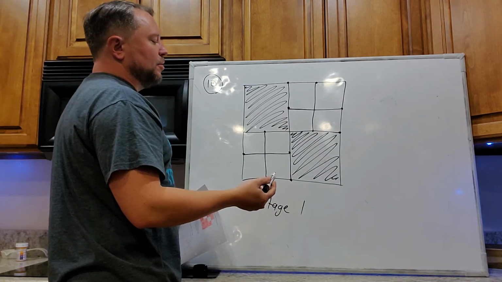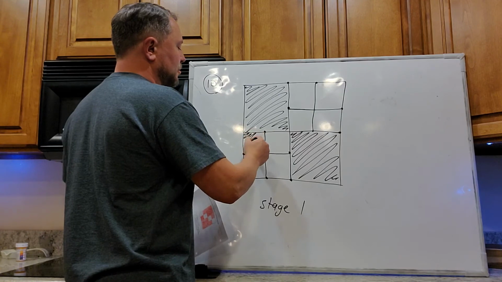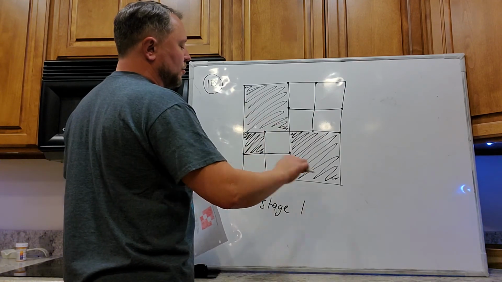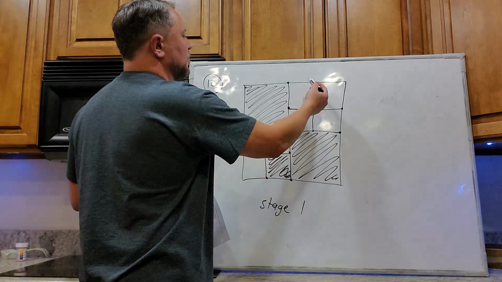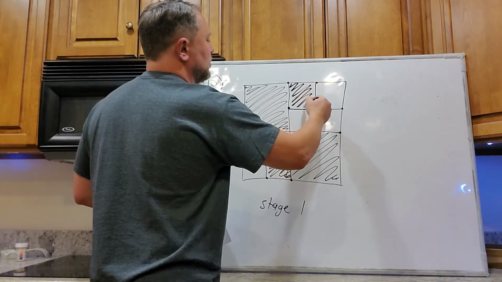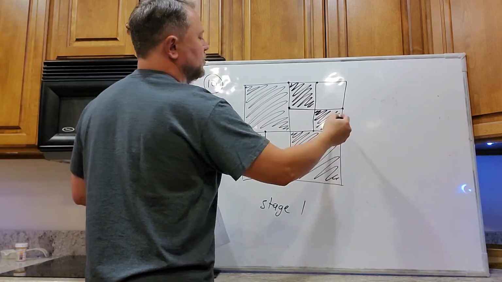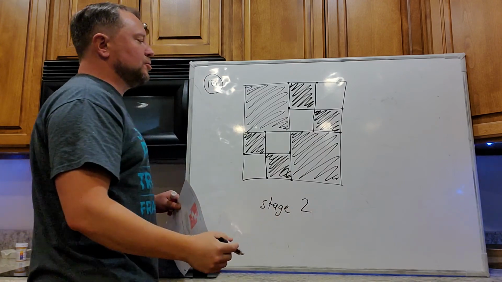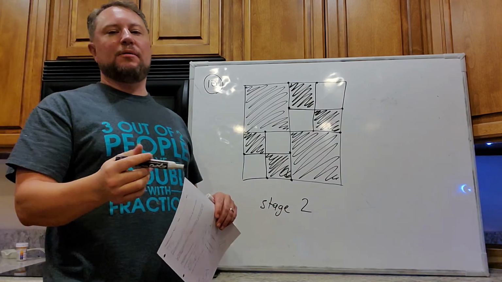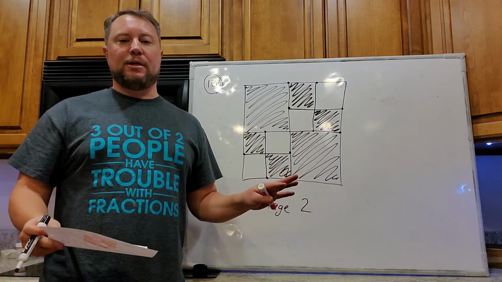And then remember, shade only the upper left and lower right squares. Upper left and lower right squares. This now would be stage 2, because I've gone through the steps twice. And that's what they wanted us to draw, so I would stop right there.